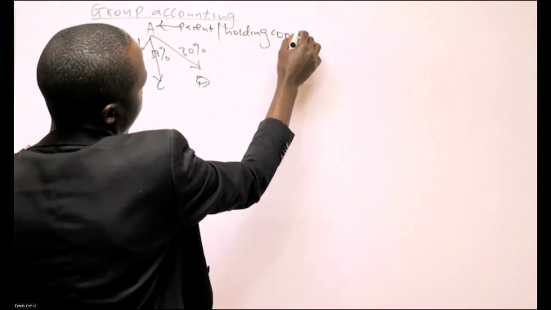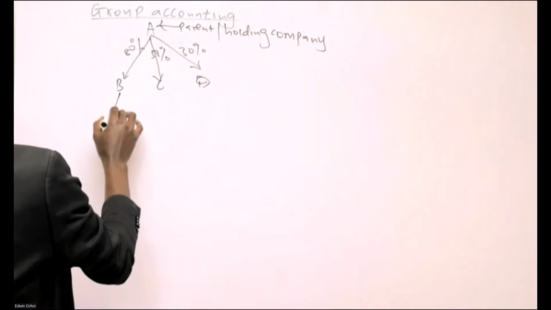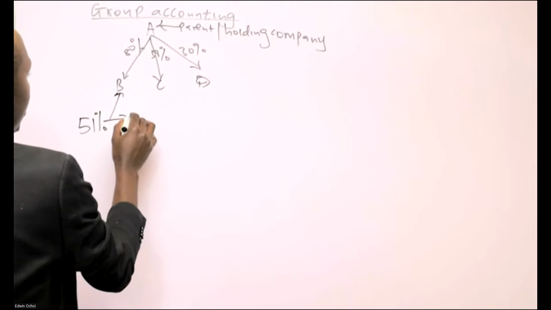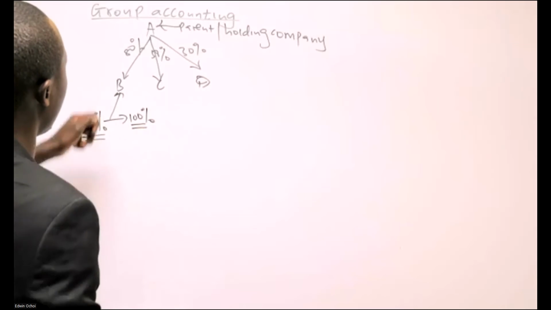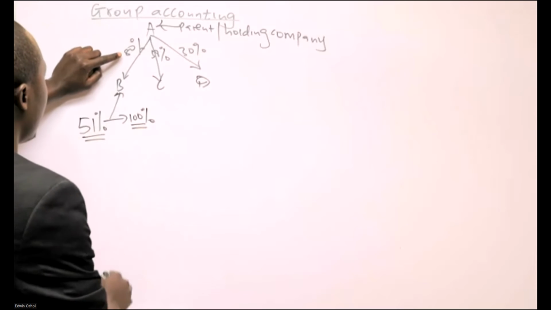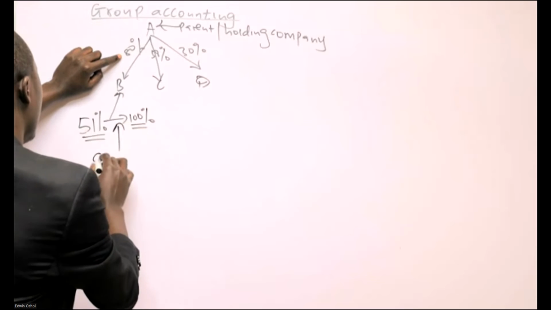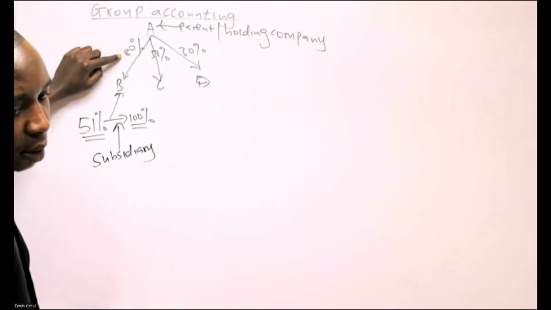A company acquired at a percentage between 51% to 100% would be called a subsidiary.